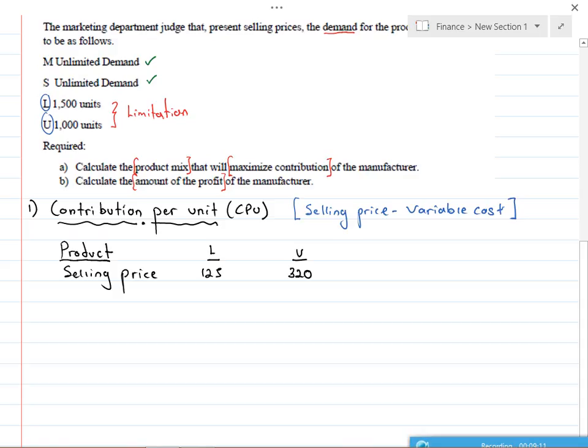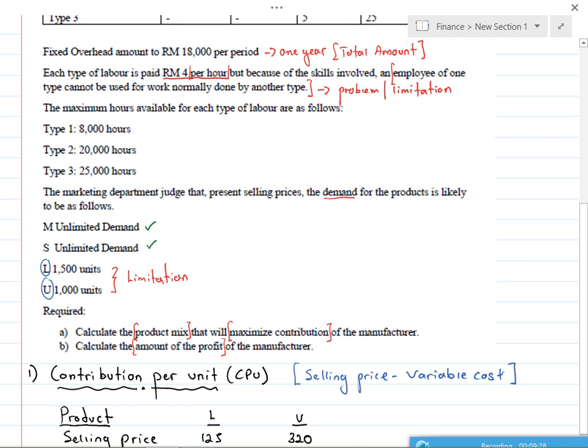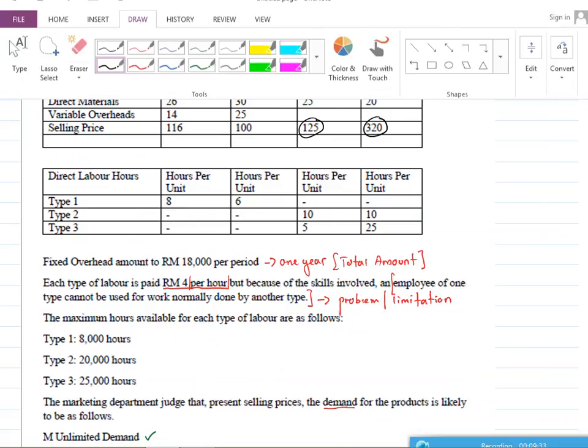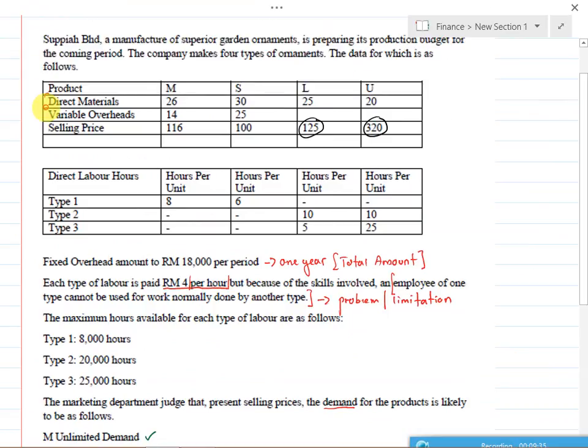Less your variable cost. Now what is the first variable cost? We have our direct material, our variable overheads, and direct labor.